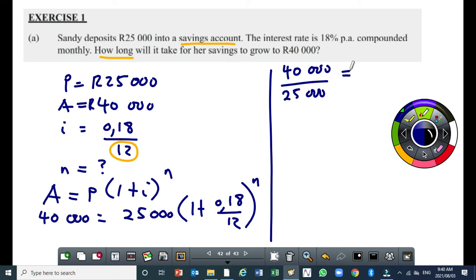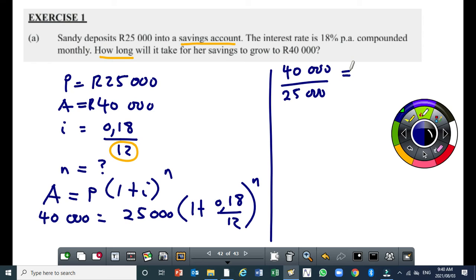25,000. Right? Can someone try to convert this to a proper fraction, if it's possible, an improper fraction?